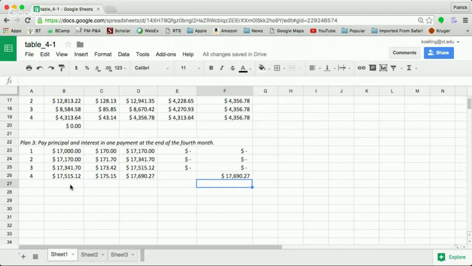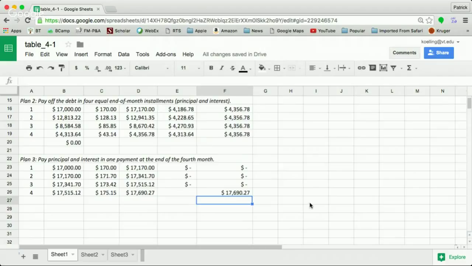So 3 plans. In this plan 3, at time 0 right now, we get $17,000 in our pocket. It doesn't matter what we do with it. We don't worry about that right now, but we get $17,000 in the loan, and at the end of month 4, we pay back $17,690.27.